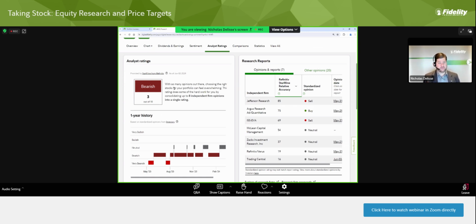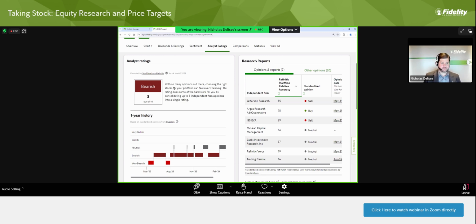Anything from 3 to 7 is neutral. But if it's a 6.9, that's closer to being bullish, versus if it was a 3.1, where many other analysts would just show neutral or 3 stars, you wouldn't know the difference with that. 7.1 to 9 is bullish. 9.1 to 10 is very bullish.